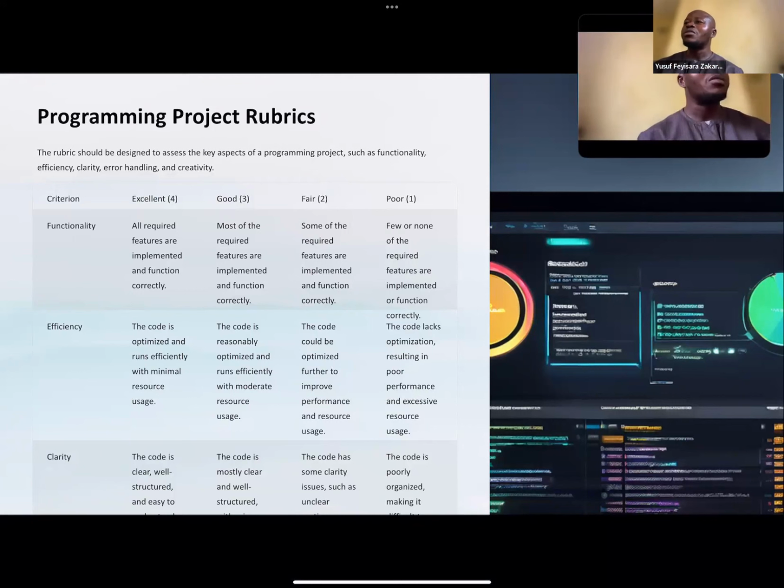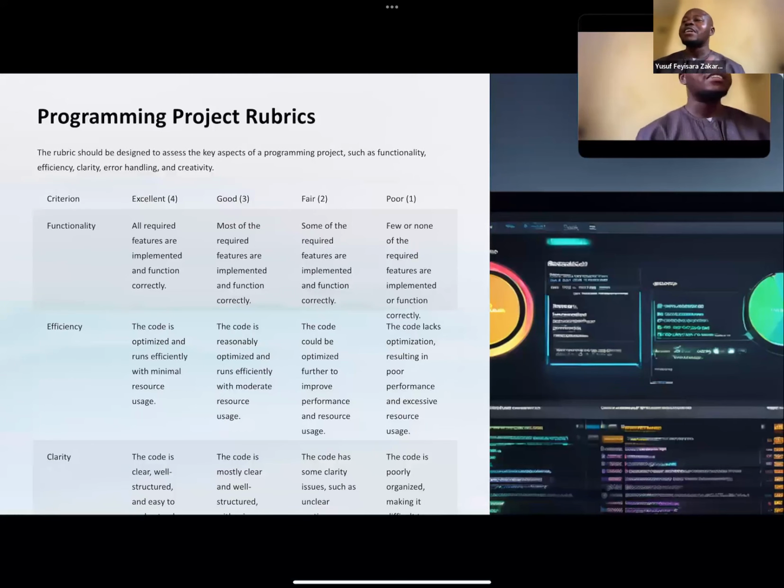Then you have descriptors. Remember, descriptors define the level of performance. If you got excellent, it means all required features are implemented and function correctly under the criterion functionality. If you get good, it means most of the required features are implemented and function correctly. If you get fair, it means some of the required features are implemented and function correctly. And if it is poor, few or none of the required features are implemented or function. Take note, this is on the criterion functionality.